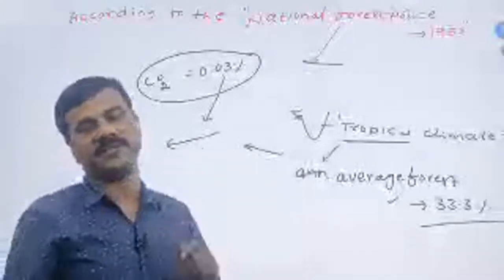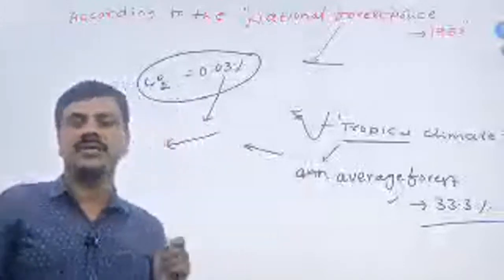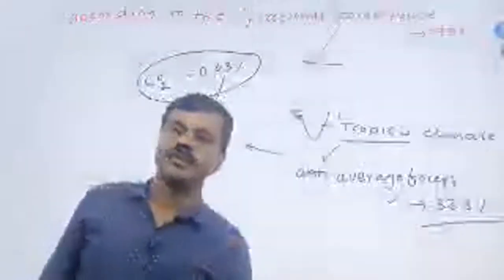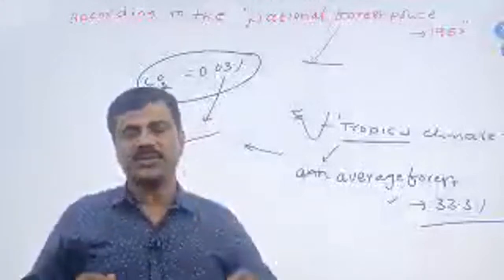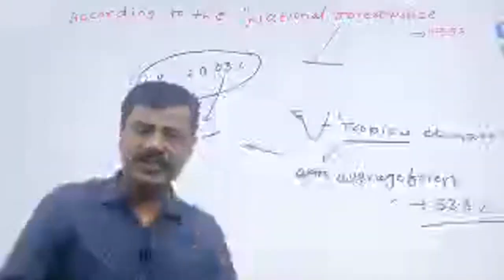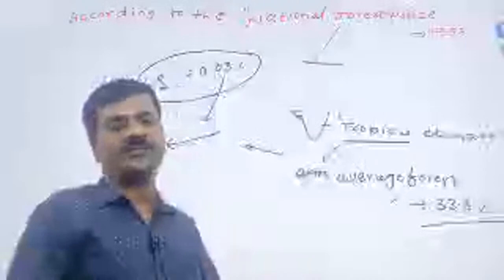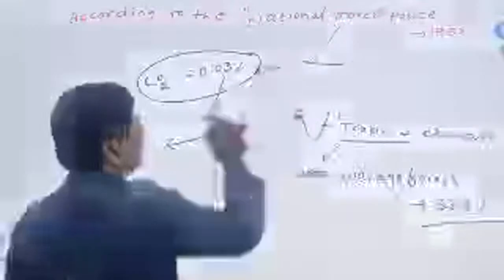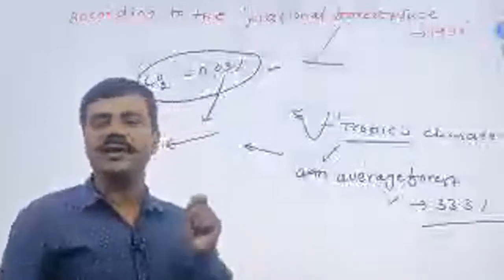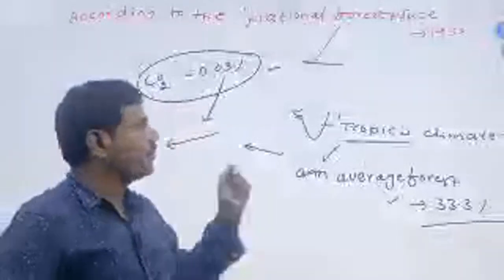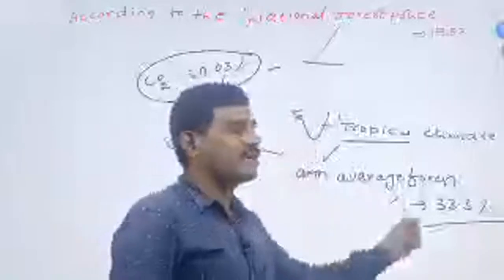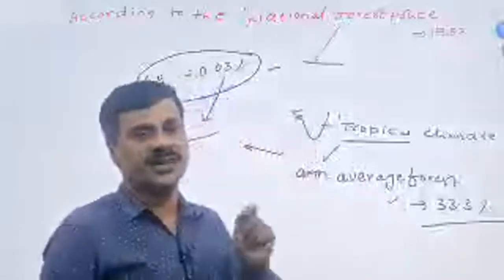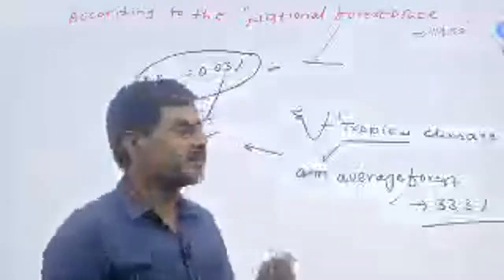Global warming means more heat stagnated in the atmosphere. It creates so much damage and affects animals as well. When carbon dioxide increases, it means the forest area has decreased. So to counter global warming, forest area is required. 33.3% forest is required in our Indian climate system.